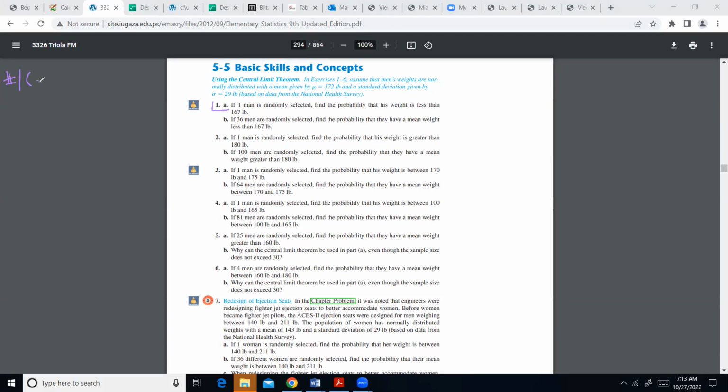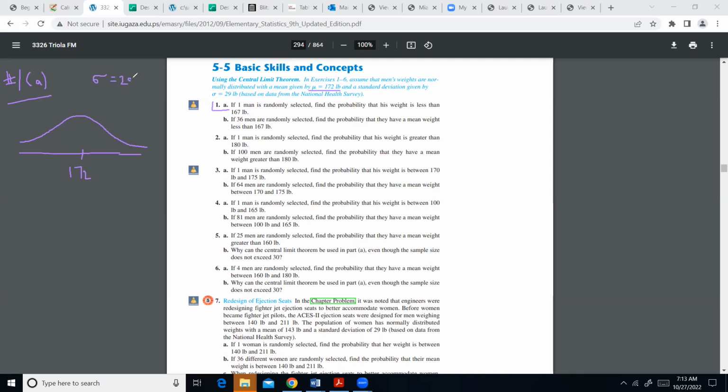So you're going to see that we're just going to repeat the same process as we already saw previously, because for all of these exercises, information is given here on the top in a blueprint. Mean is 172, and the standard deviation is 29.